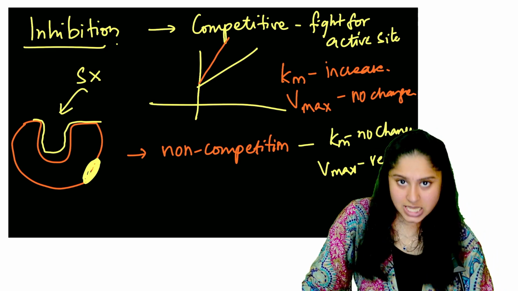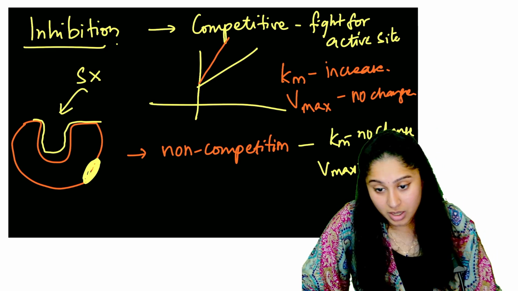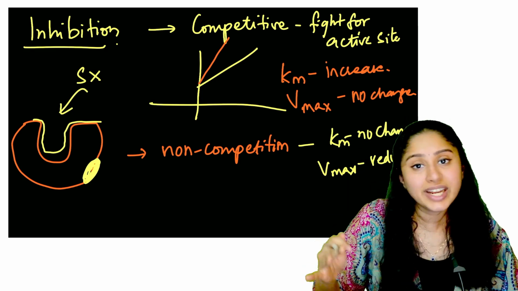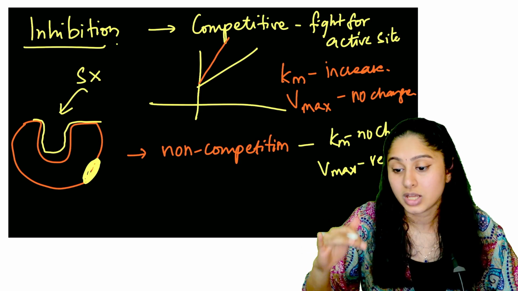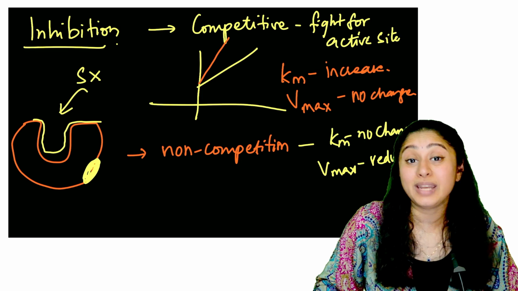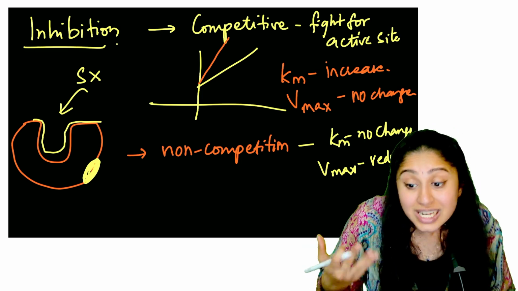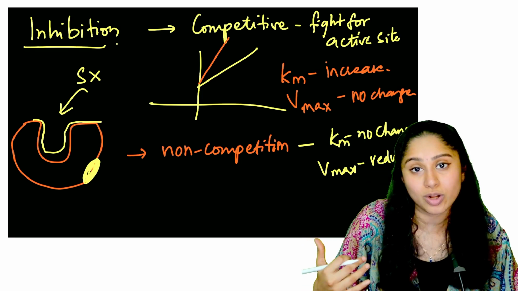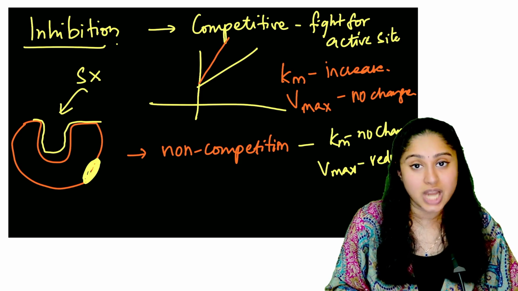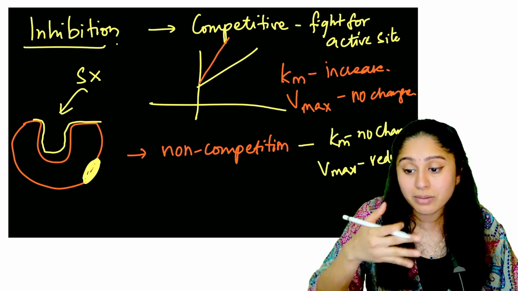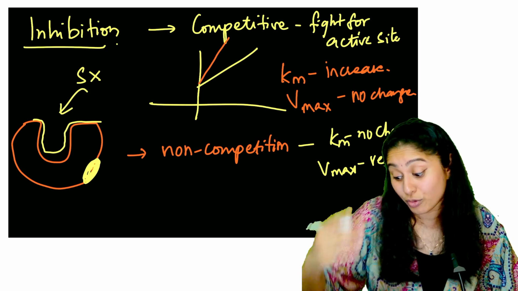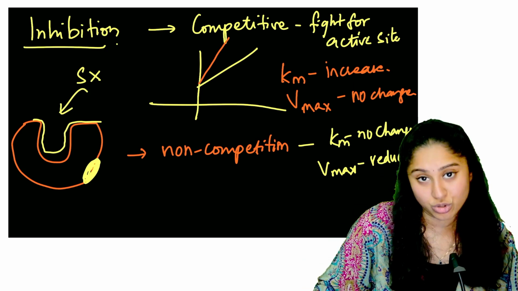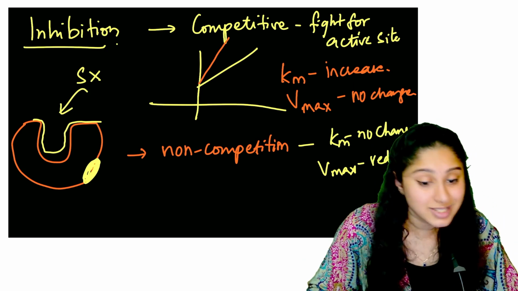Because my affinity has no change, because the active site is not changing. But my total rate, like the maximum velocity I can go to, is reducing, because now that this shape has changed, I cannot bind anymore. So my number of seats are reducing, which means my rate of reaction also will reduce. So Vmax will also reduce in this case.